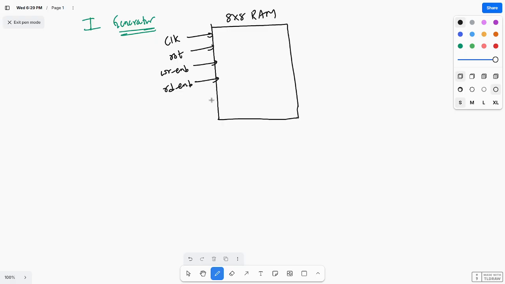And next, data in is one input. This is 8-bit. And write address is one input. This is 3-bit. Write underscore address, and read underscore address. This is also 3-bit.